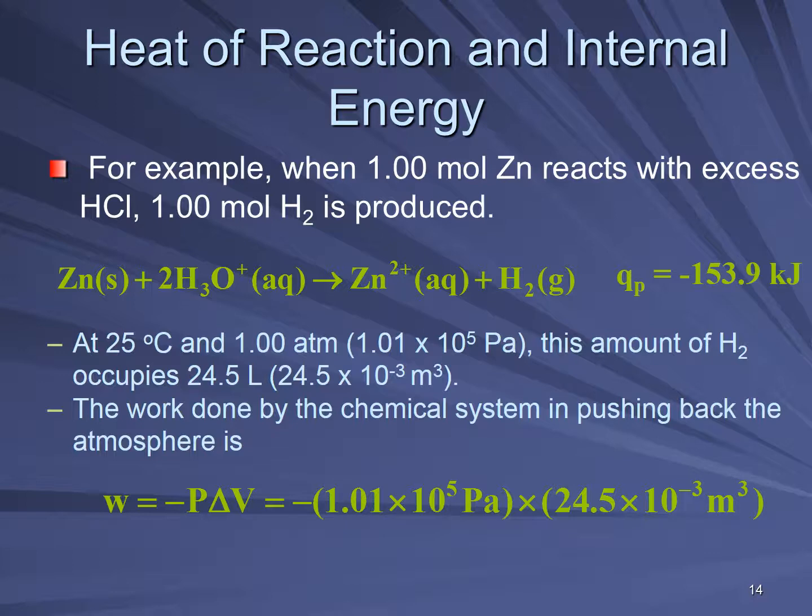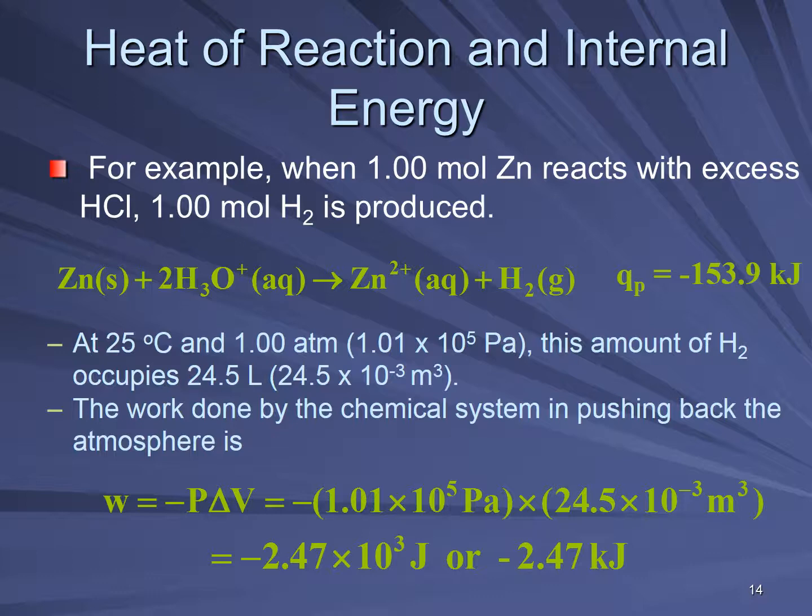If you multiply that out, your units will be pascals times meters cubed. Well, pascals are actually kilograms per meter second squared. So if you multiply that by meters cubed, one of the meters cancels, and you end up with units that are kilograms meters squared per second squared, which is also the same as joules. So that's why they've converted to pascals and meters cubed.